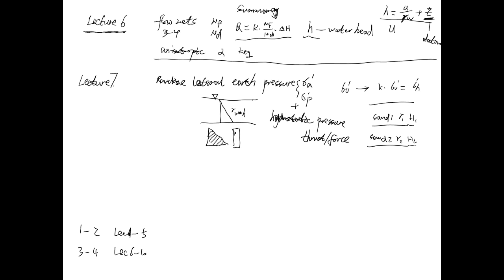And for the acting point of this thrust force, you use the equivalent moment. We normally take a moment at point A, the top at the surface of the soil. So that's for lecture 7.